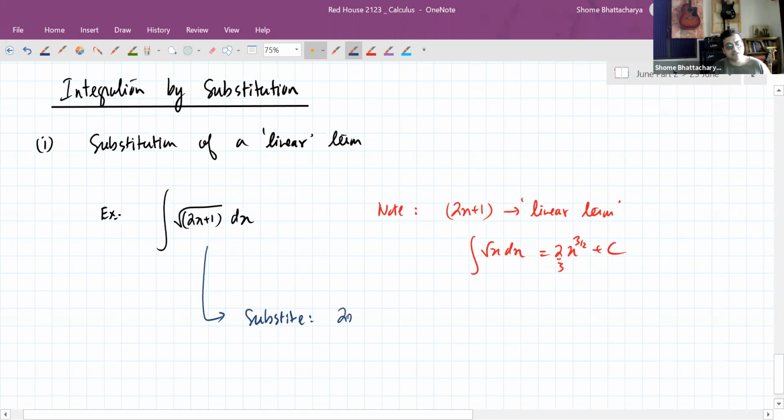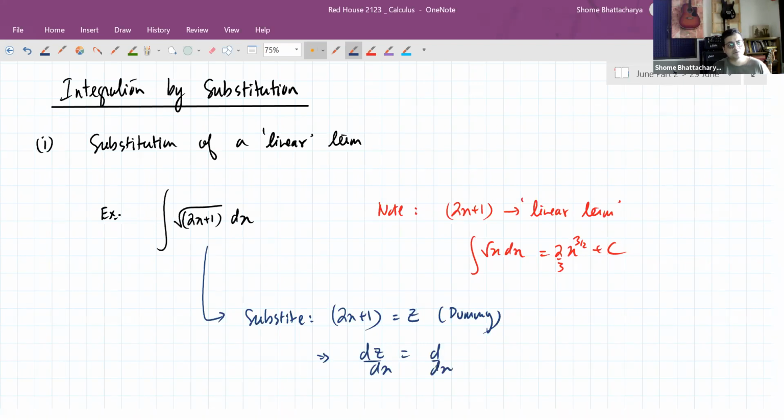We substitute that linear term 2x plus 1 as some dummy variable. So then this term becomes simple, it becomes root z, but then dx also has to be replaced in terms of z. So next you can see that if z is equal to 2x plus 1, then dz by dx is the differentiation of 2x plus 1, which is simple, it is 2.